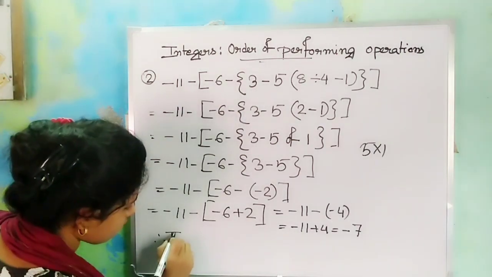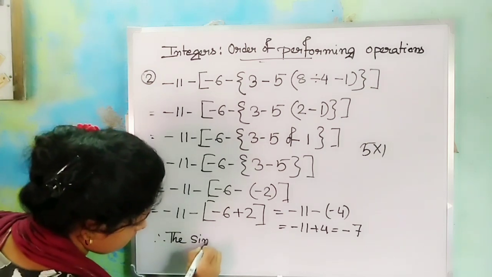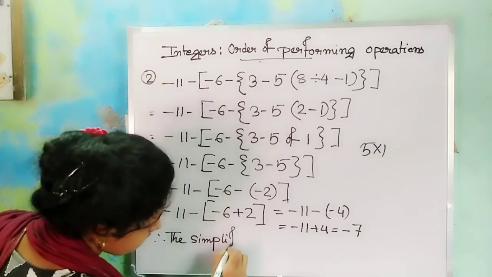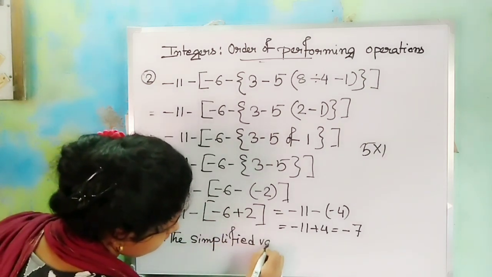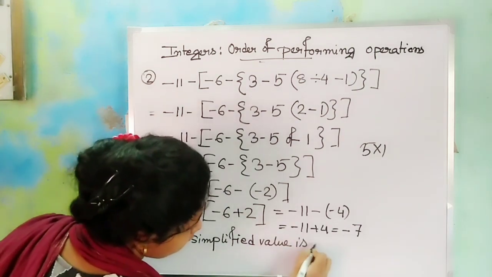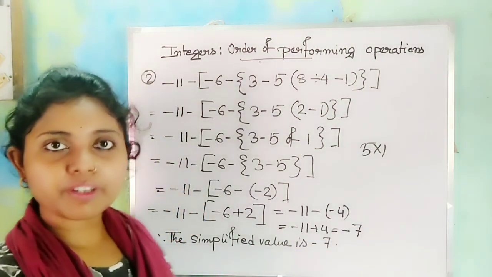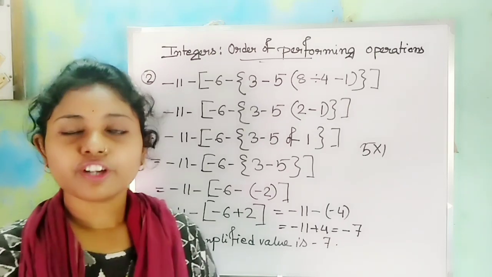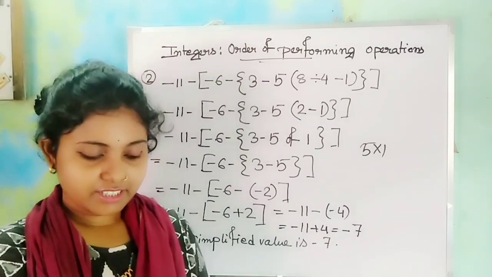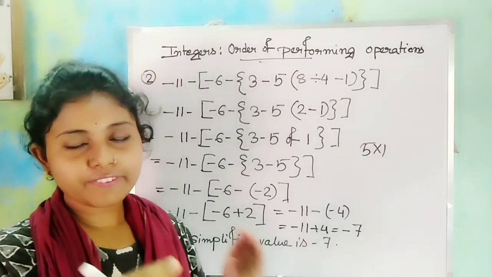Therefore the simplified value is minus 7. So students, today we have learnt about simplification of integers.